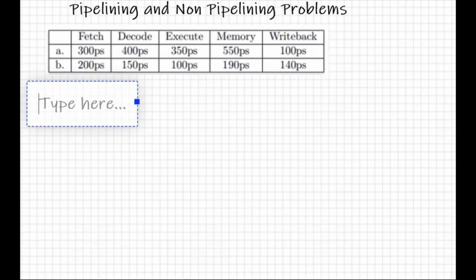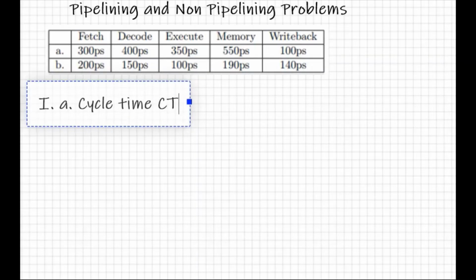So the first part, I'm doing for A. We need to calculate the cycle time, CT, first for the non-pipelined system.